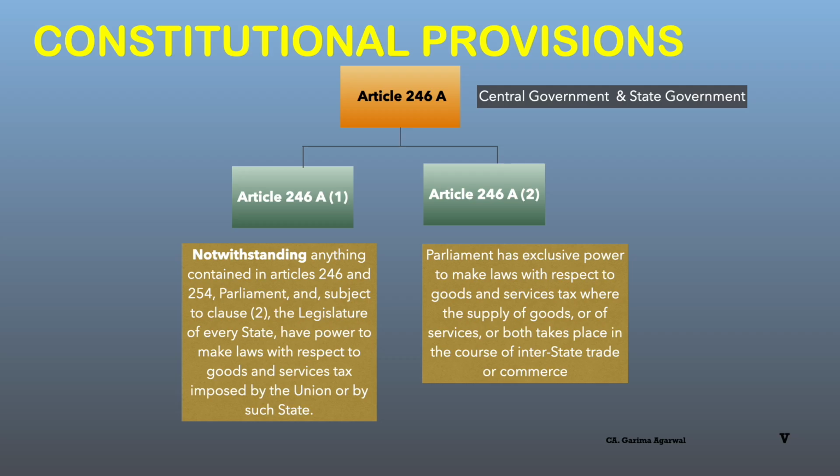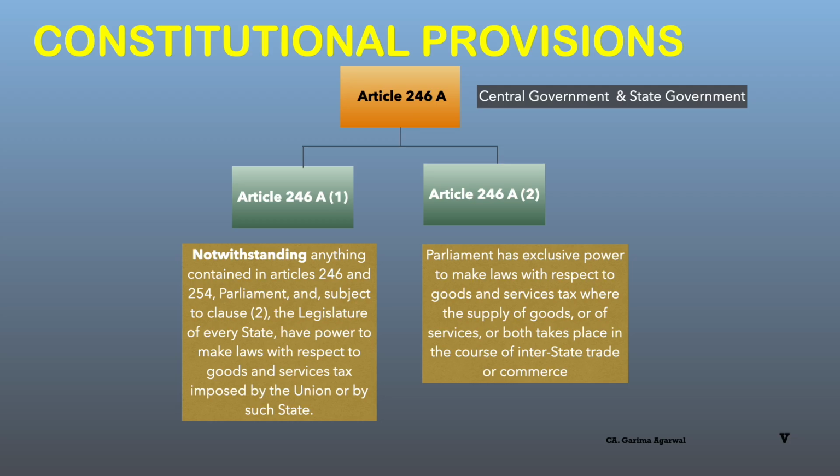Note that this amount will be apportioned between the Union and states in the manner provided by the Parliament by law and as per the recommendation of the GST Council. And the Parliament shall also determine the principles on the place of supply and when a supply takes place in the course of interstate trade or commerce.